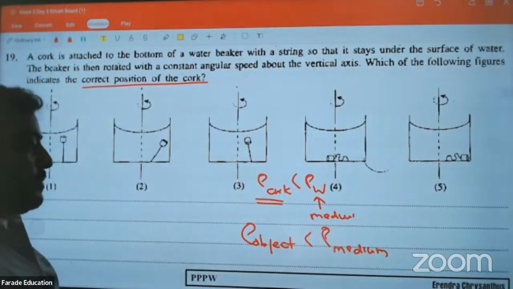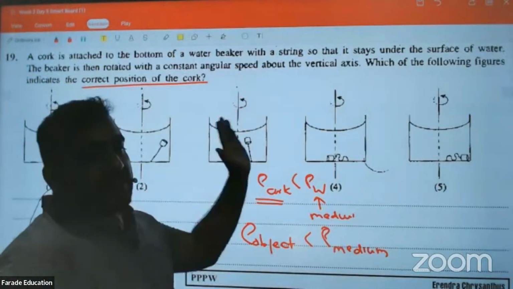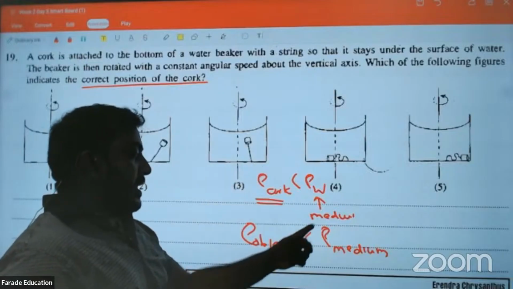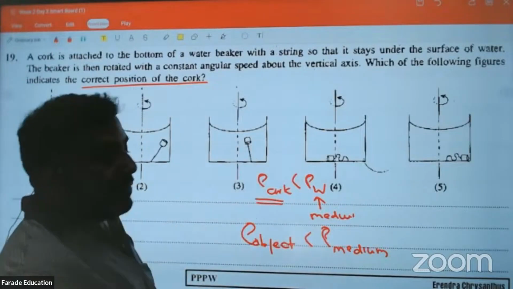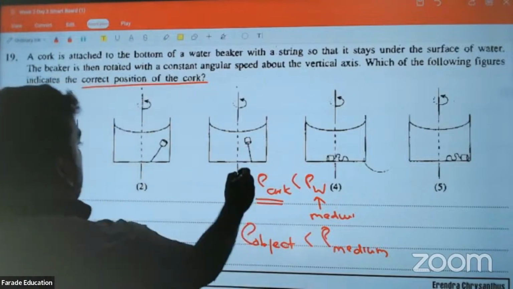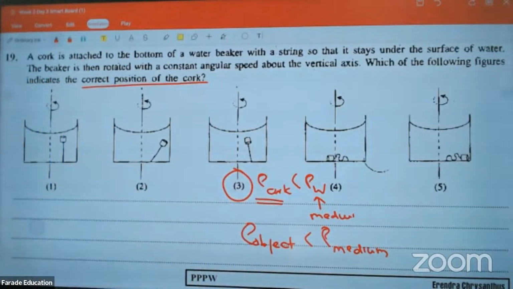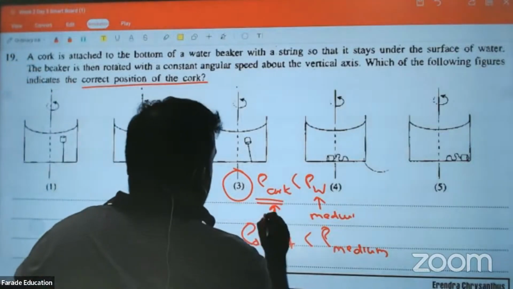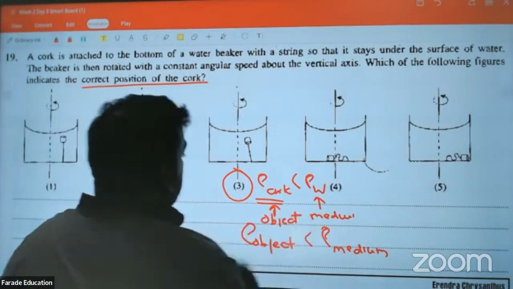What does that mean? Normally when it rotates, we should feel centrifugal force going away. But if the object is less dense than the medium, the force is towards the center. Which means the correct answer is answer number 3, right there.